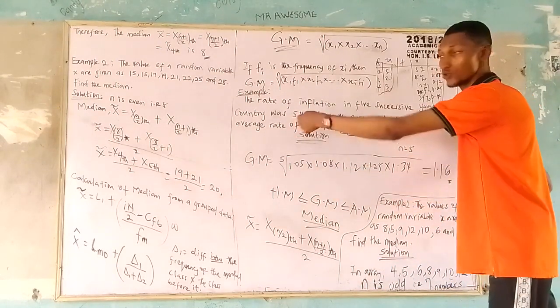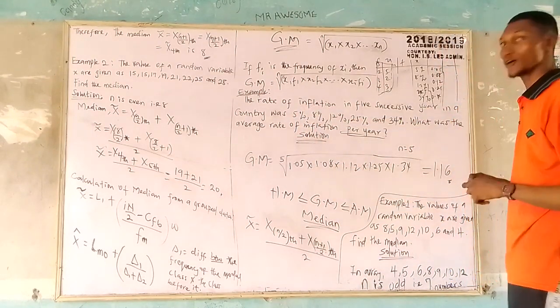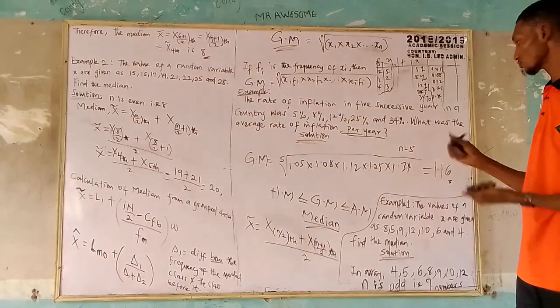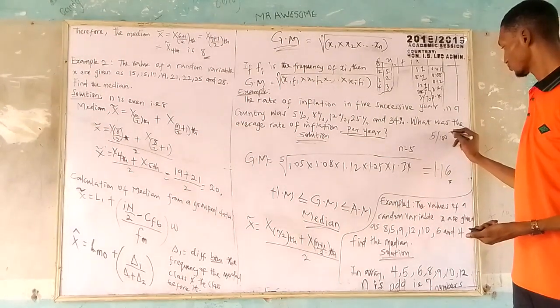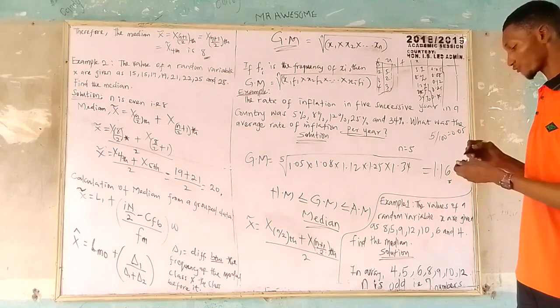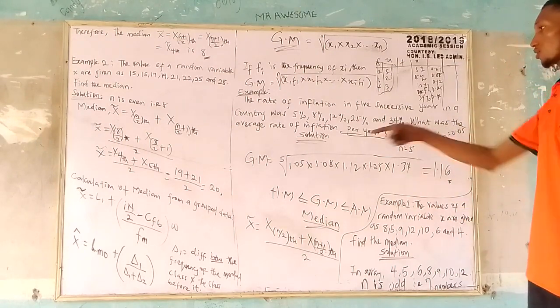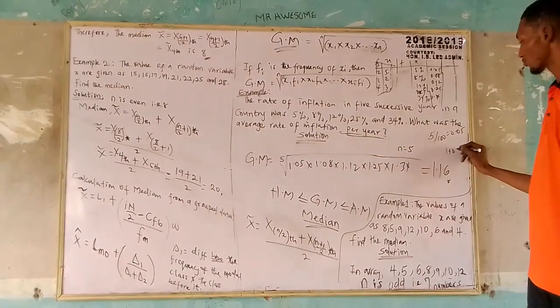So convert this one to decimal now. 0.05, since we have the inflation, we're given the rate per year. We can say 1 plus 0.05.